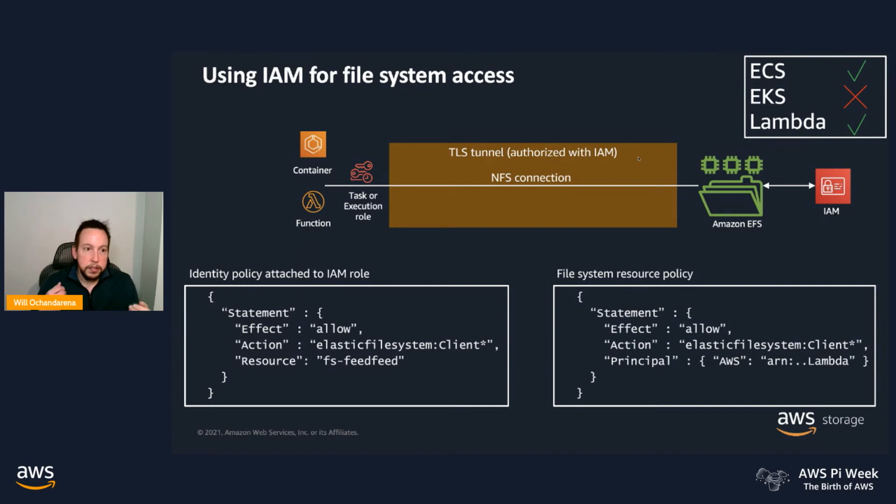And the way this works is when we set up the initial TLS tunnel between your application and EFS, it passes your IAM credentials, and then it'll compare your identity policy on your role to the resource policy on your file system to decide if you're, A, allowed to mount in the first place, B, whether you're allowed to write any data. So you can have read-only or read-write access, and you can also decide whether you can read or write as the root user, which in some cases you may want to do, other cases you may not. So you can control that through IAM.